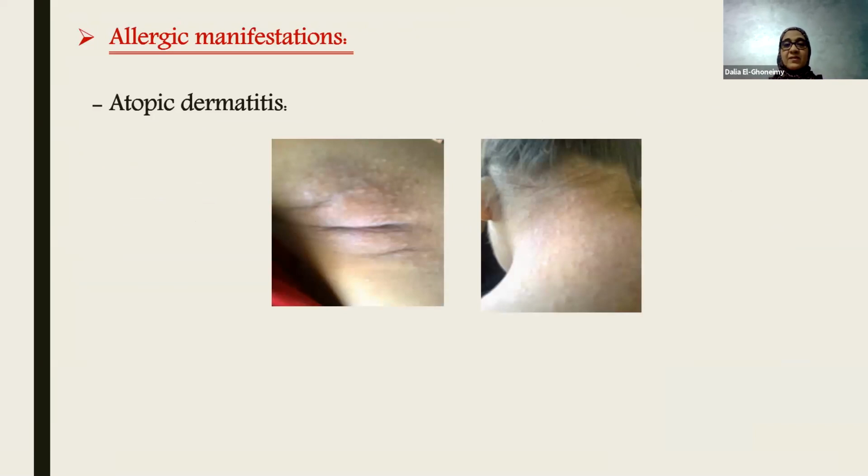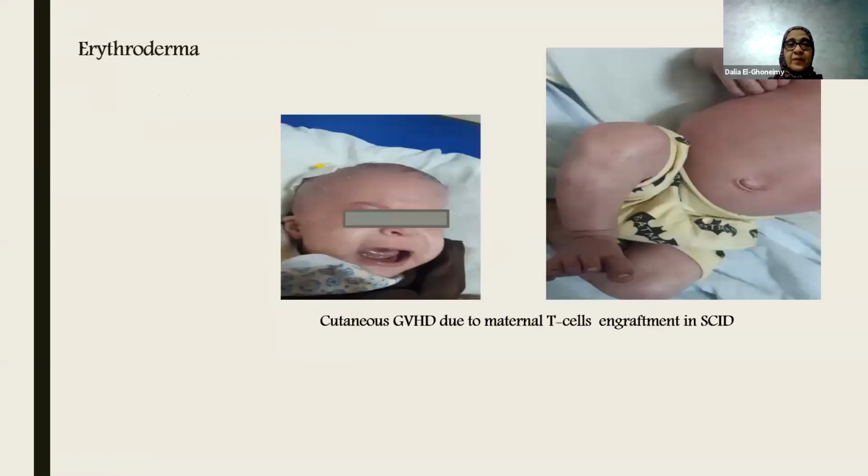These photos are for a patient with hyperimmunoglobulin E syndrome, whose initial presentation was extensive recalcitrant atopic dermatitis that was not responsive to any treatment, but taking a detailed history, the mother reported as well recurrent attacks of pneumonia. So they should not be overlooked and treated simply as a case of allergy.